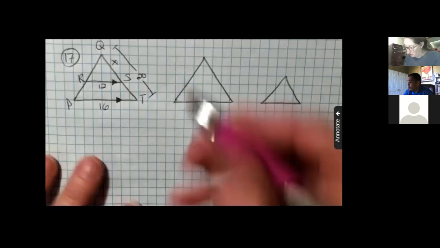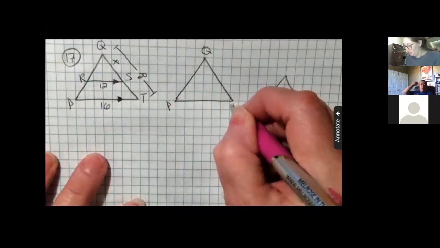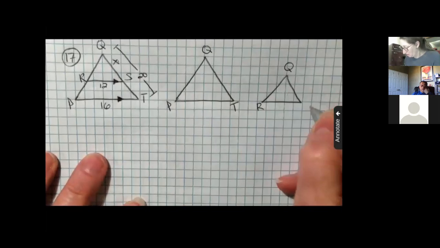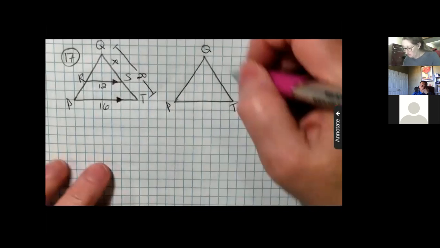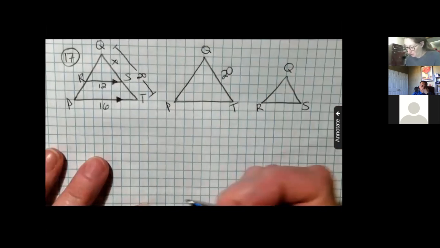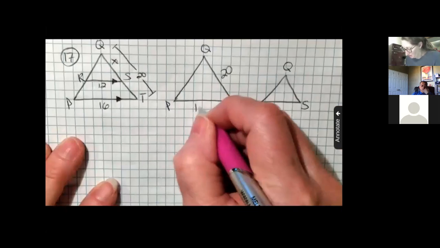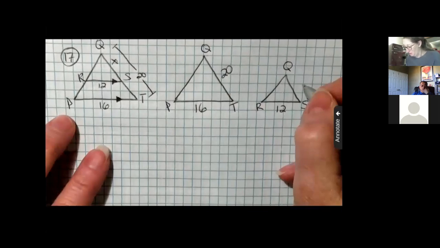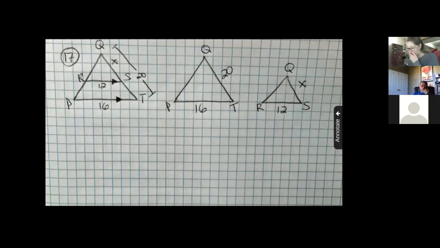So my big one, this is Q, this is P, this is T. Okay. My small one is Q, R, S. So QT is 20, okay, and PT is 16. RS is 12, and this is X, okay?